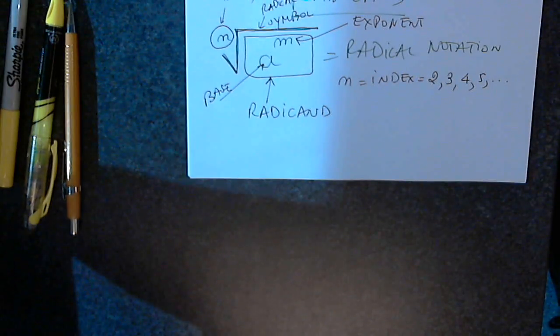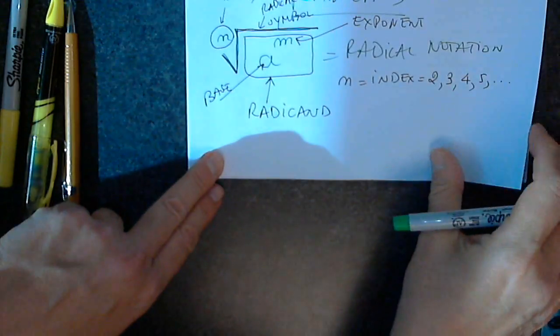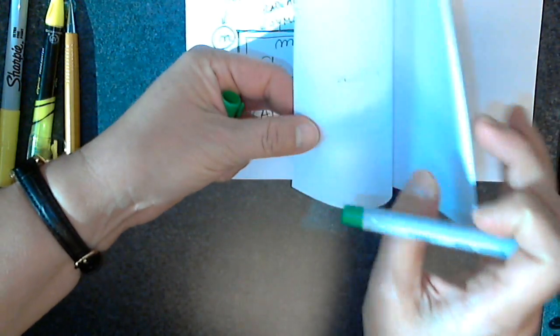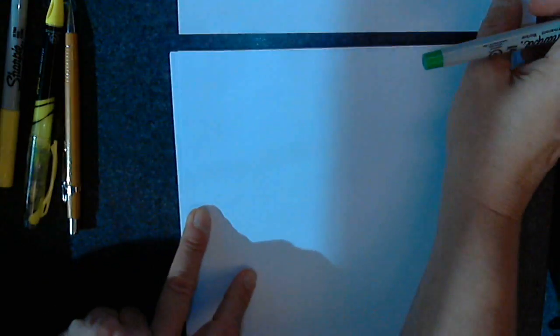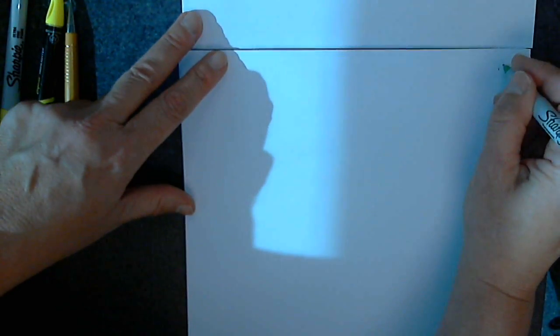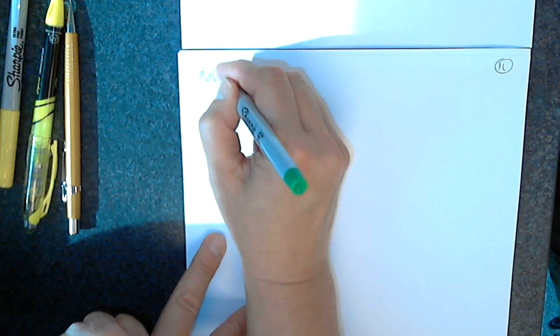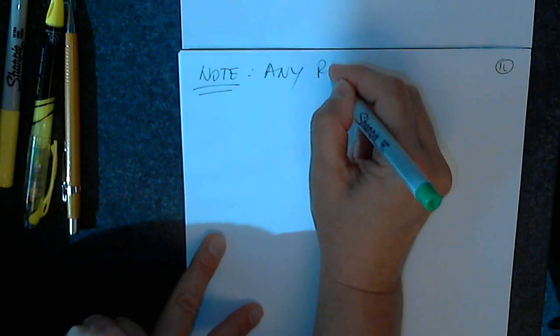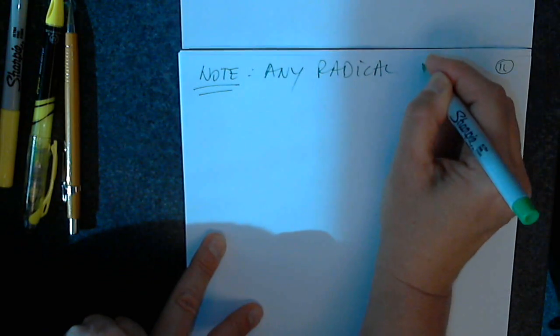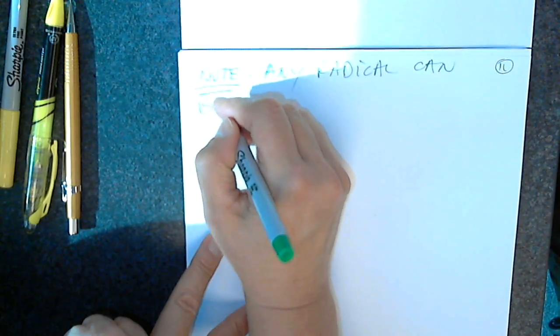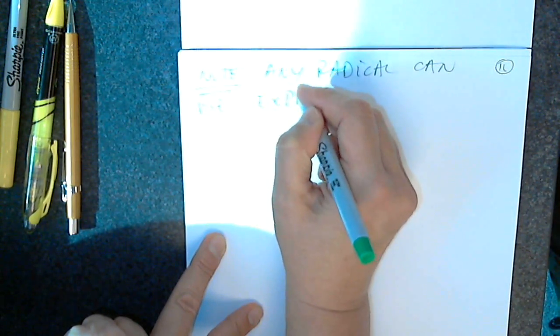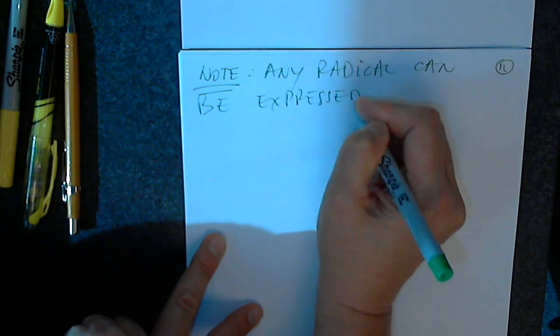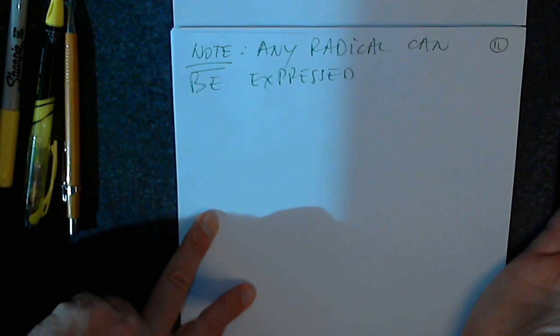Now, what is important to know is that any radical, this is extremely important. This part is very important. So note, any radical can be expressed, or it can be converted, whatever you want to write.